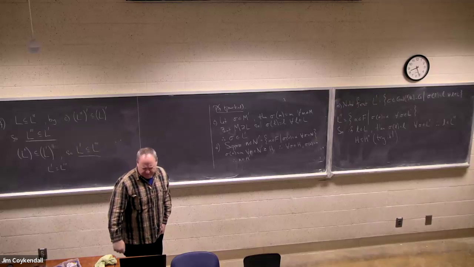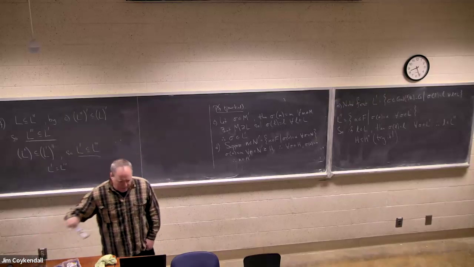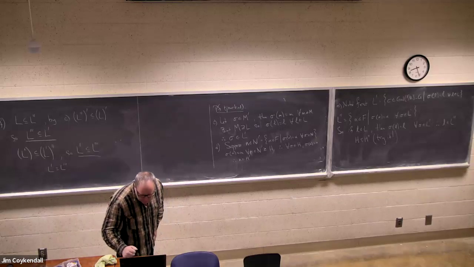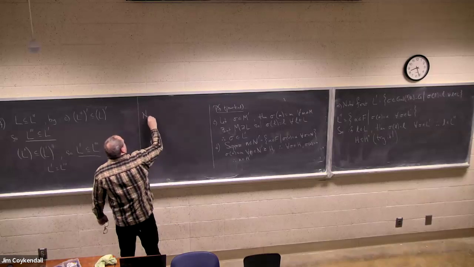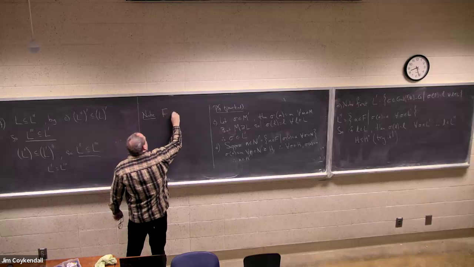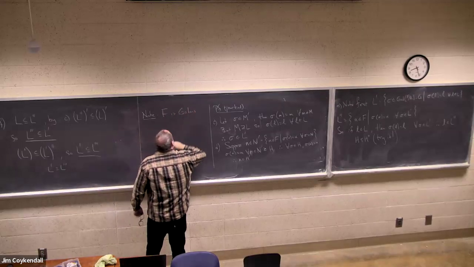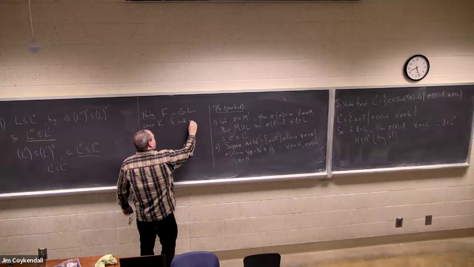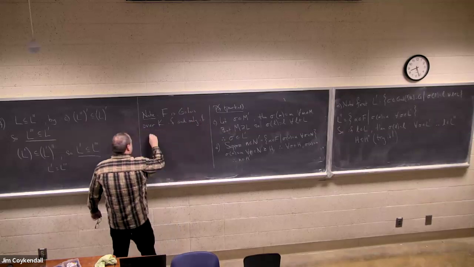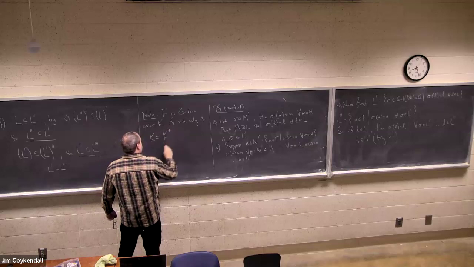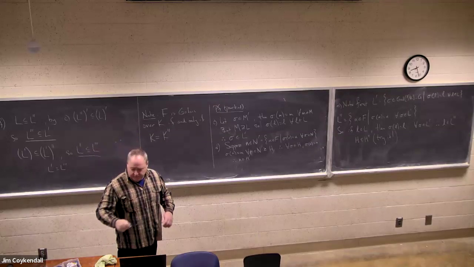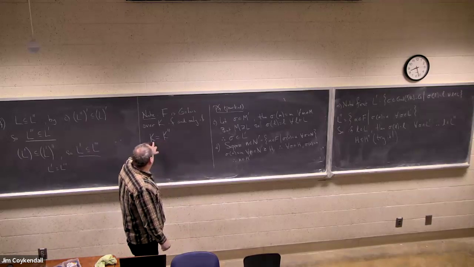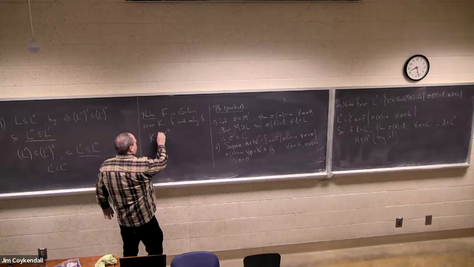Note that F is Galois over K. Because notice that, of course, we always have this containment.